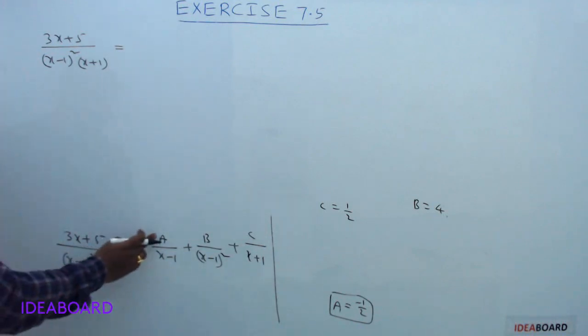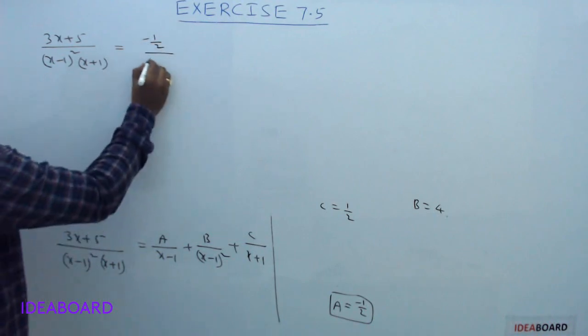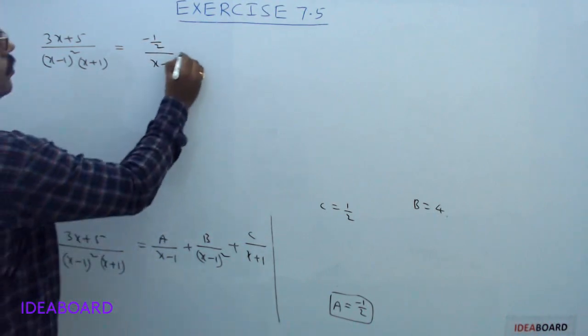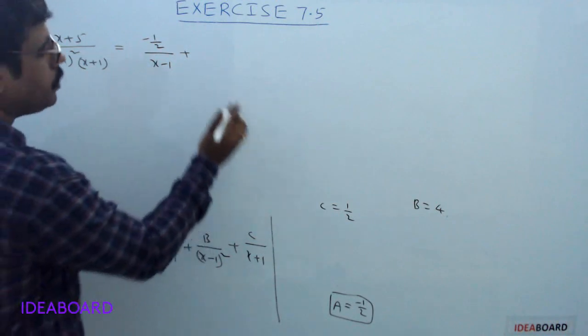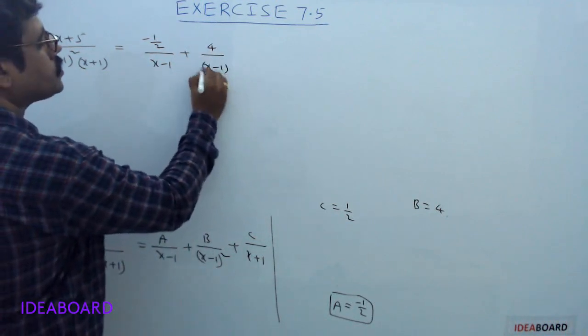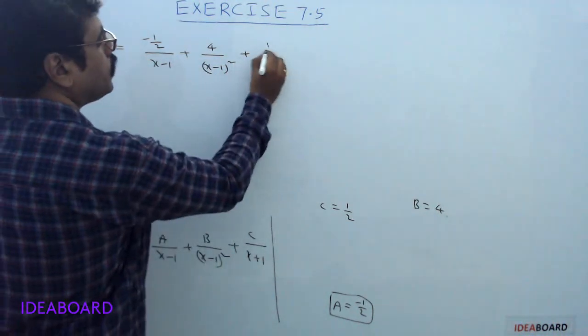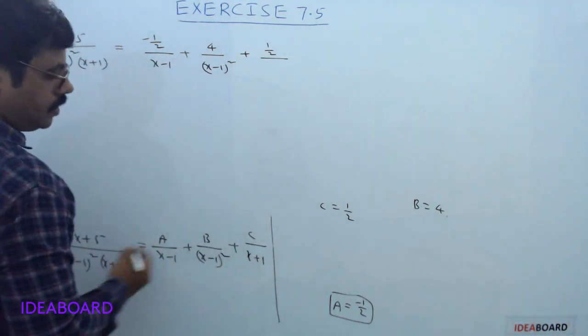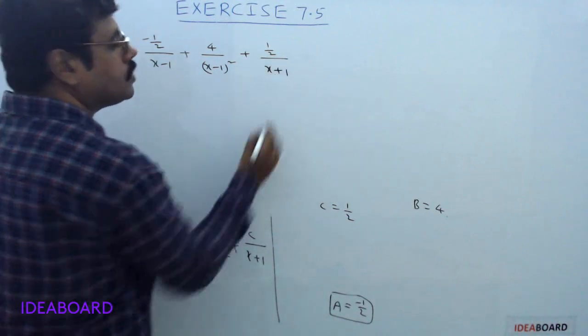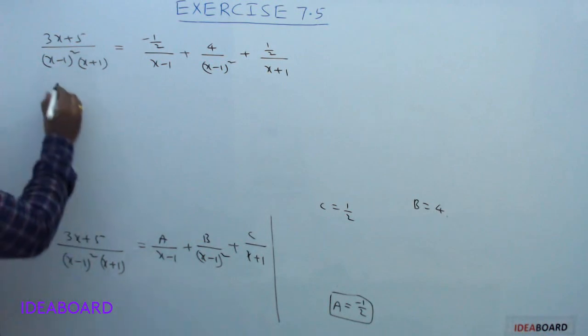Then it will be A value minus 1 by 2, so minus 1 by 2 divided by x minus 1, plus B, B value 4 divided by x minus 1 whole square, plus C, C value 1 by 2 divided by x plus 1. Then integrating on both sides with respect to x.